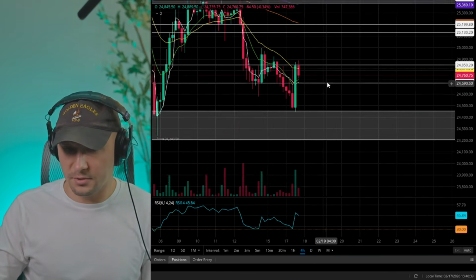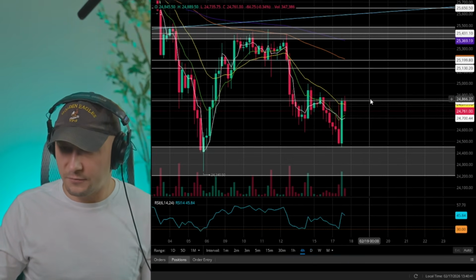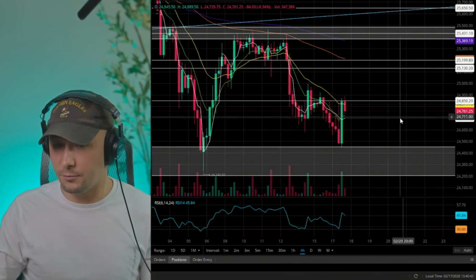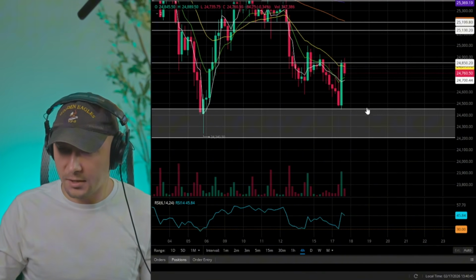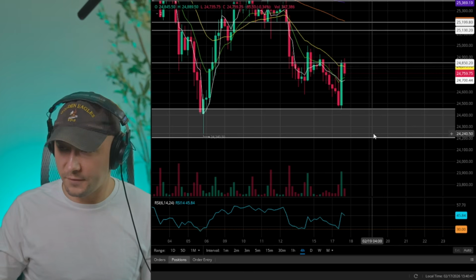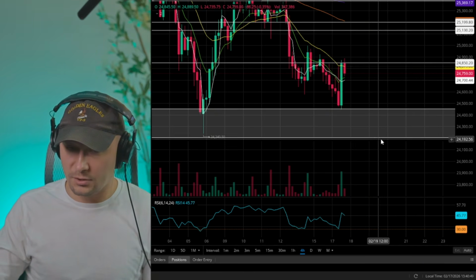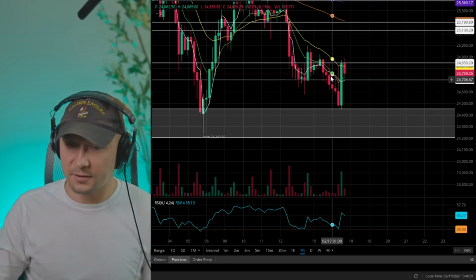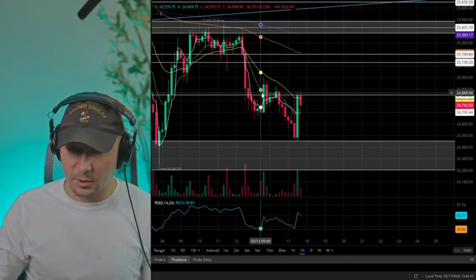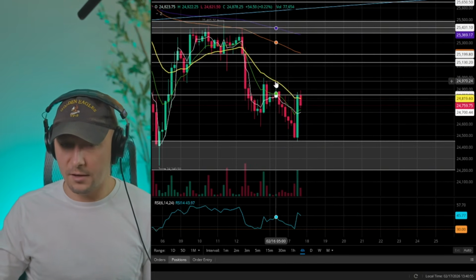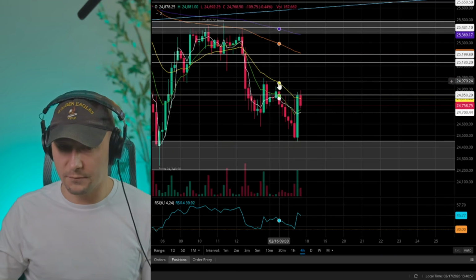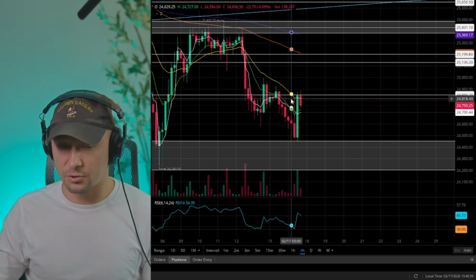Today's a great example too. Look at this. I have 24,850 as a level, and then I have this box that goes from 24,450 to 24,200. And look at this. Yesterday we had a little sell-off. This 850 level was kind of playing a little bit. It was a control area.